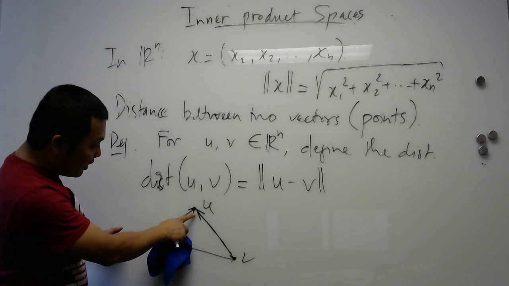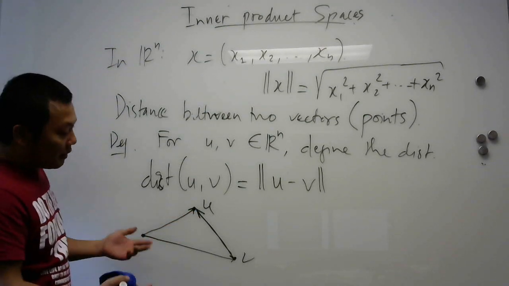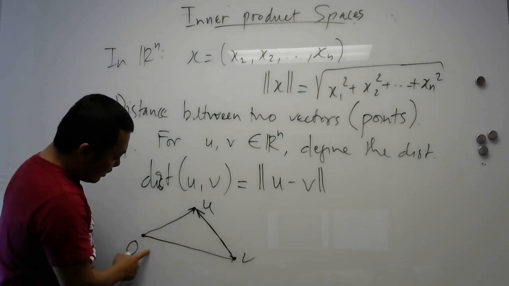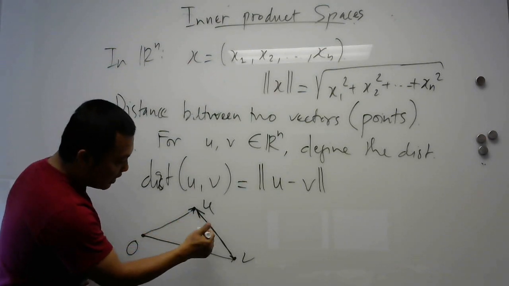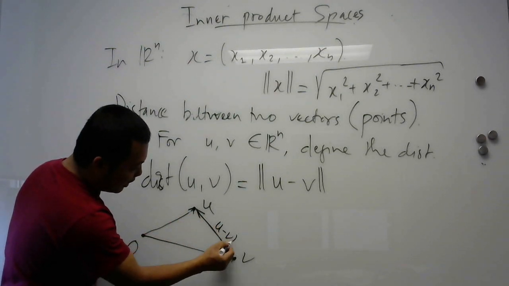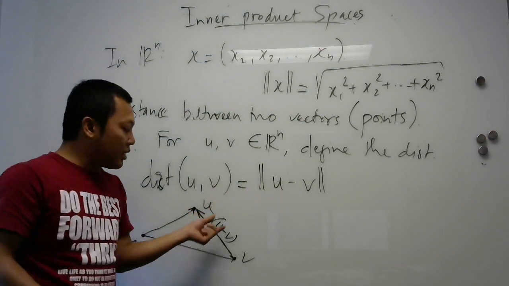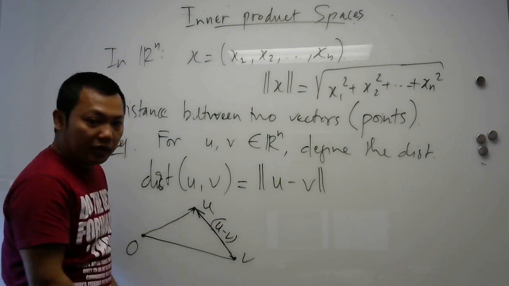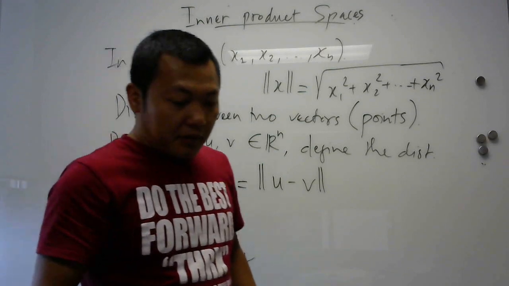Sometimes you look at u and v as points, and sometimes as vectors. But in this triangle, u is equal to v plus this vector, and this vector is nothing but u minus v. So the length of u minus v is equal to the distance between the two points u and v. All right, so let's consider the following example.